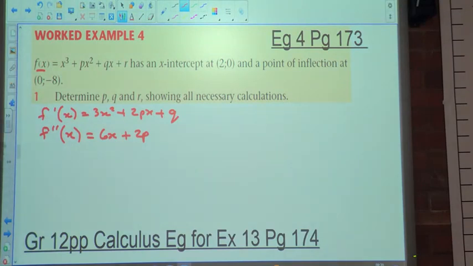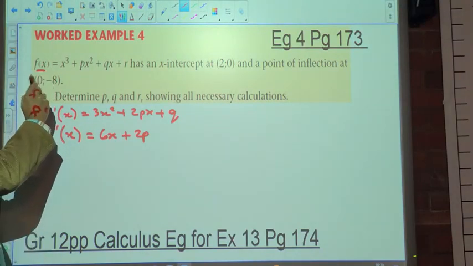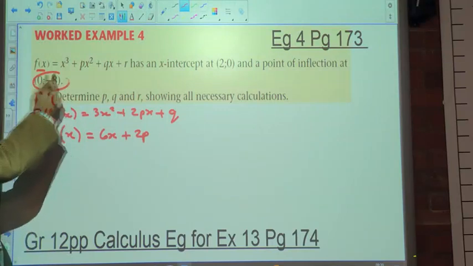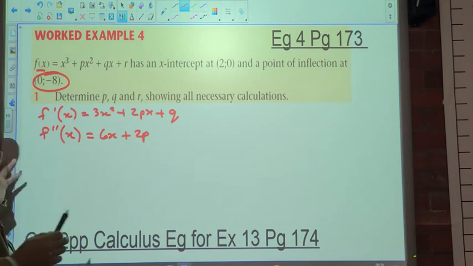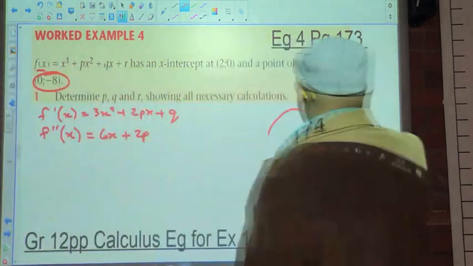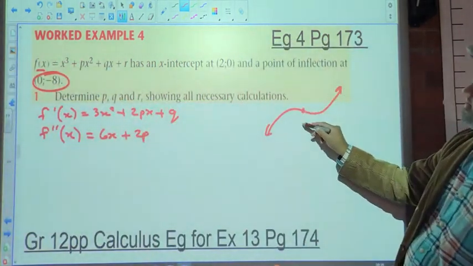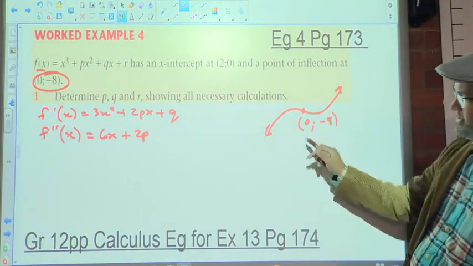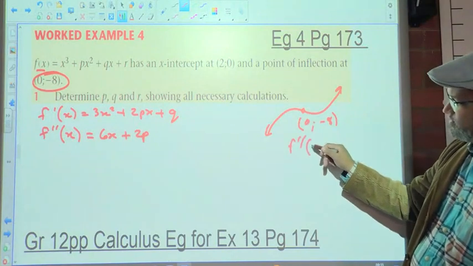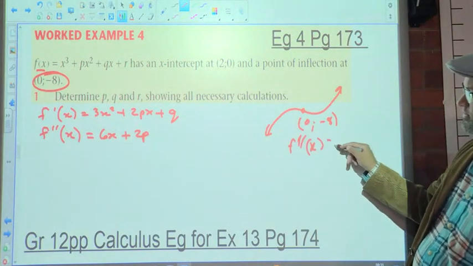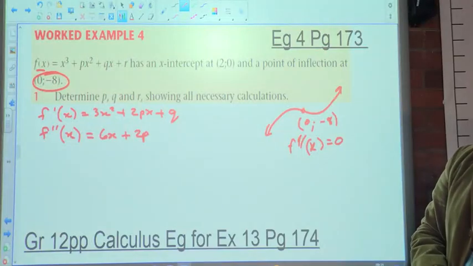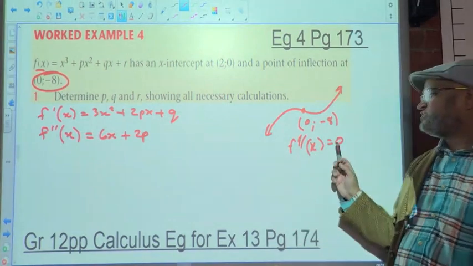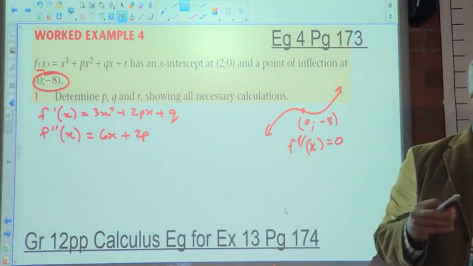But we are told that the point of inflection occurs at this point here. Okay, now say for argument's sake, this is the graph. This point of inflection here occurs at (0, -8). So we see that at that point, f double prime of x is equal to 0. Not so? As I said, if you set your second derivative equal to 0, I get the x value at which the point of inflection occurs.